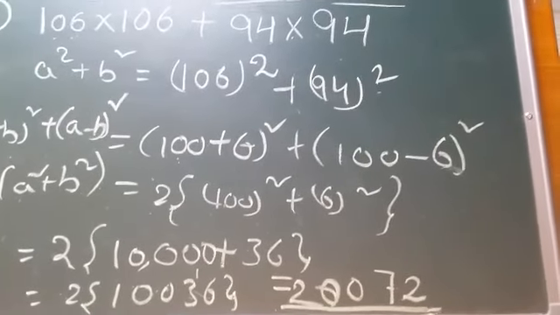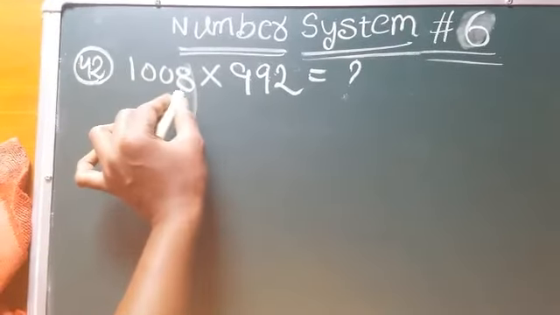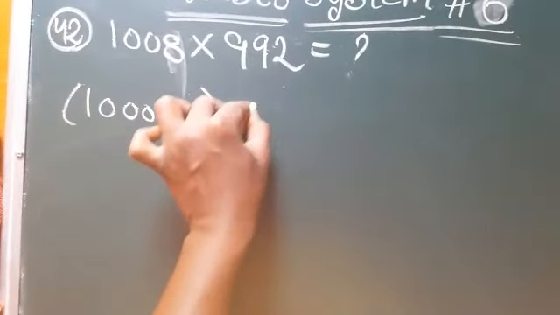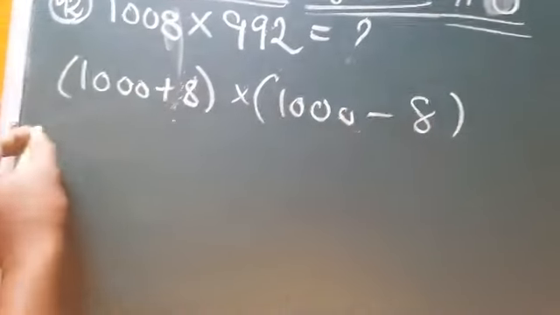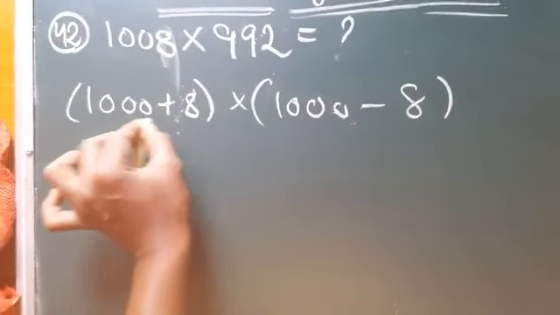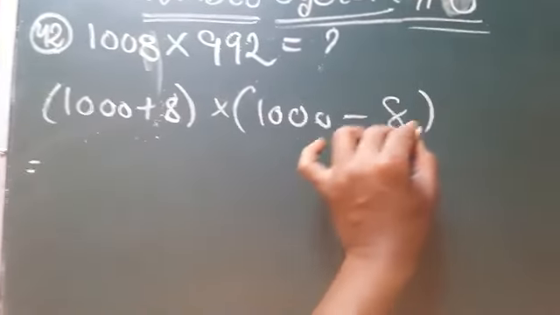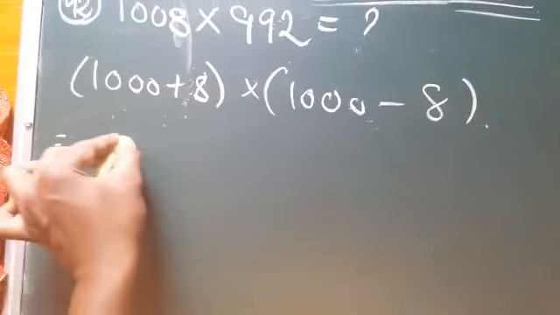I hope you understood. See the next question, 1008 into 992. This can be written as (1000 plus 8) into (1000 minus 8). So this is in the form of (a plus b) into (a minus b). You know the formula, (a plus b) into (a minus b) equal to a square minus b square. Here a is 1000 and b is 8.